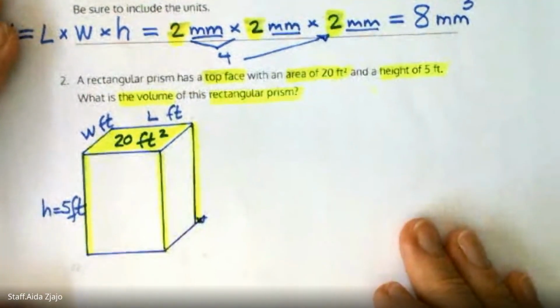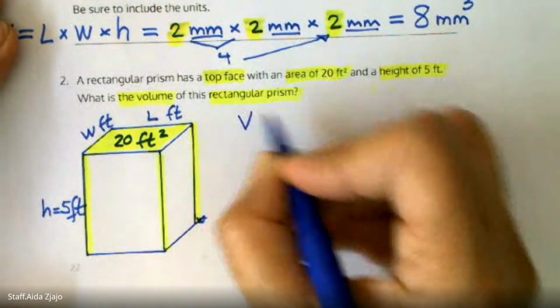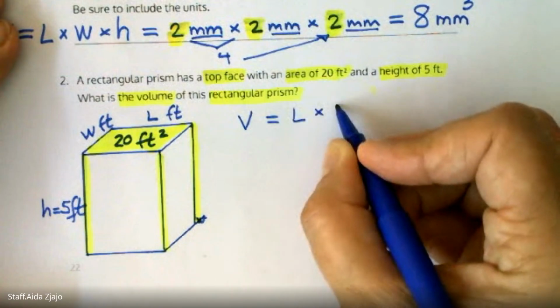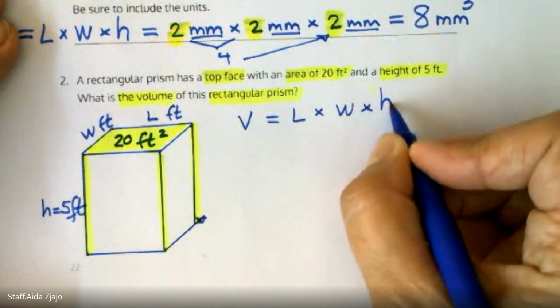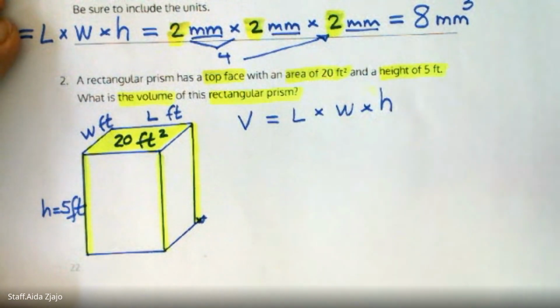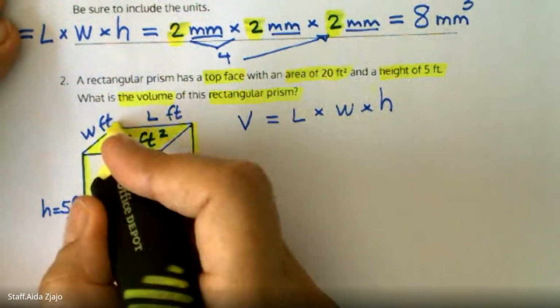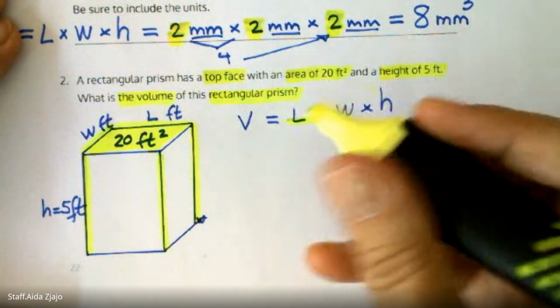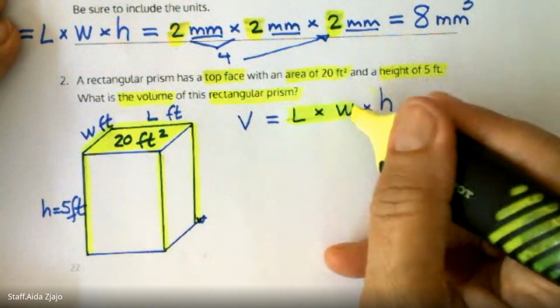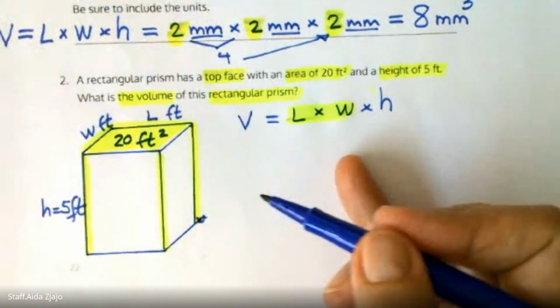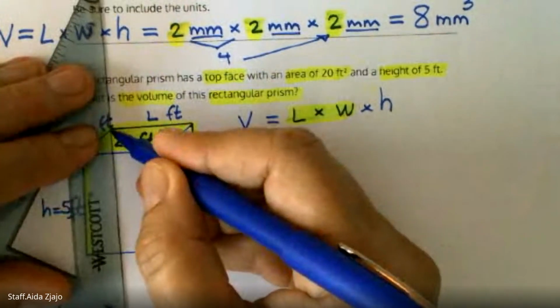The formula says the volume is long side times short side times height, or length times width times height. But you can see the length times width is actually the area of the top or area of the bottom of the prism.